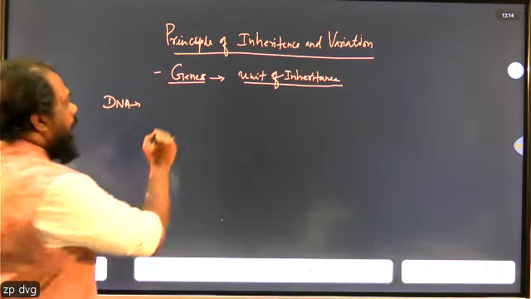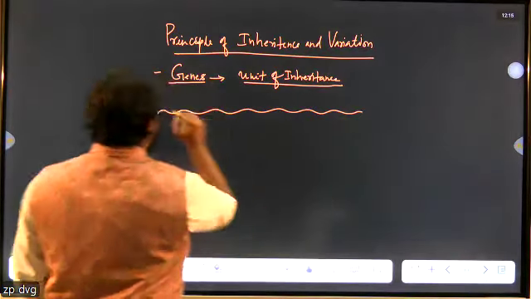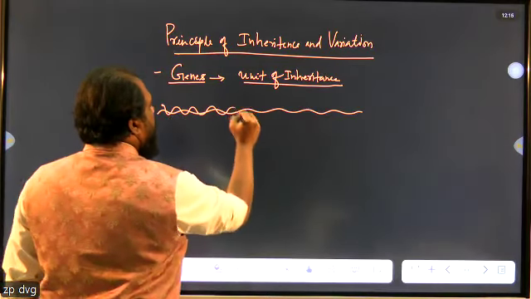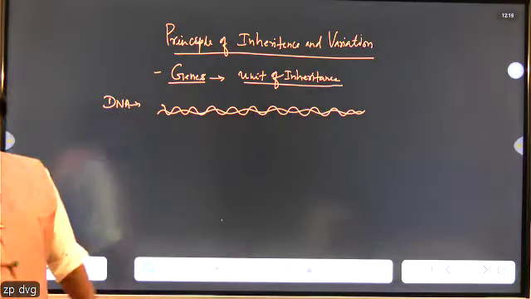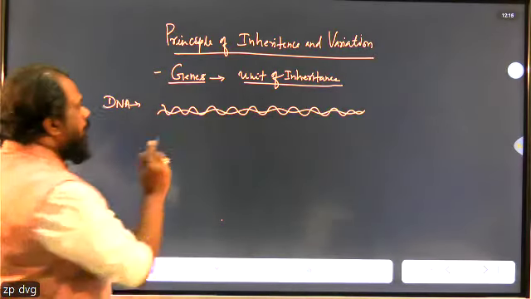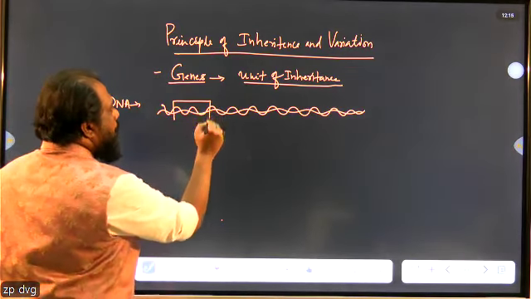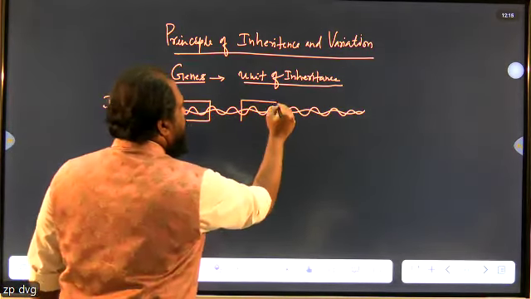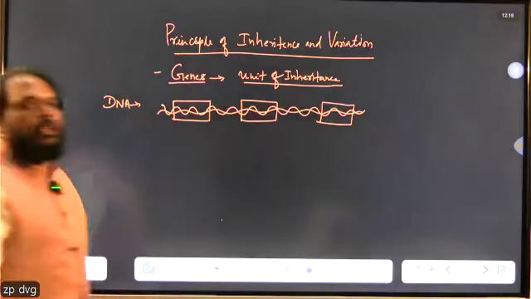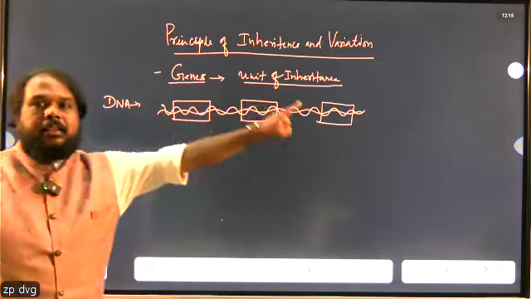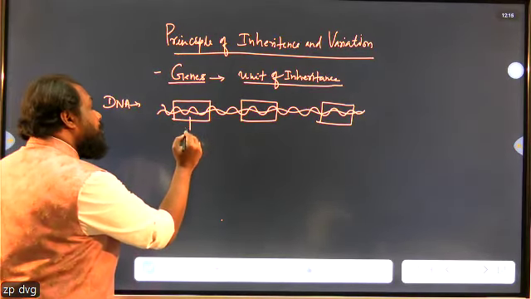We studied DNA is a double helix thread-like structure. Okay. Imagine this is a DNA. What is this? A DNA. Now, you know very well, in DNA, there are certain segments, not all. There are certain segments in the DNA. Understood? There are certain segments in the DNA. Now, these segments are very special.